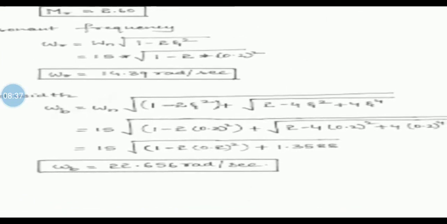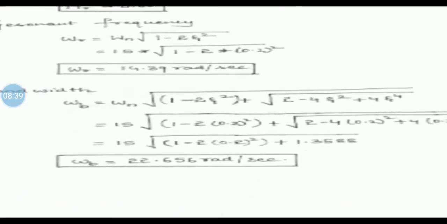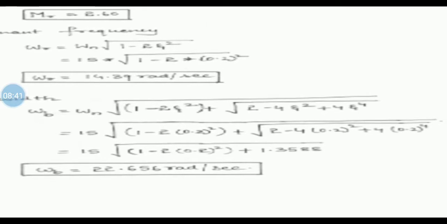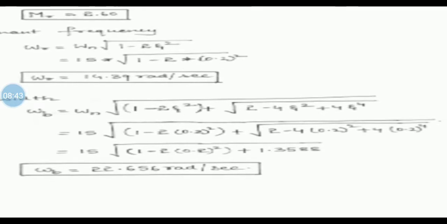Then we'll find bandwidth. Bandwidth omega b is equal to omega n into root of 1 minus 2 damping ratio square plus root of 2 minus 4 damping ratio square plus 4 damping ratio raised to 4. So which is equal to 15 into root of 1 minus 2 into 0.2 square plus root of 2 minus 4 into 0.2 square plus 4 into 0.2 raised to 4.